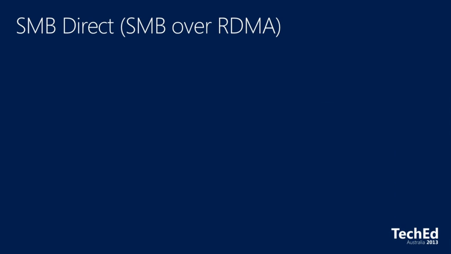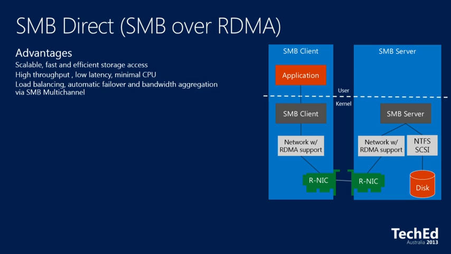Okay, the next piece is SMB Direct, or RDMA. This is basically our competition with host bus adapters, right? Anybody using RDMA yet? Oh man, not even one? I thought I'd get one cheerleader in the audience.